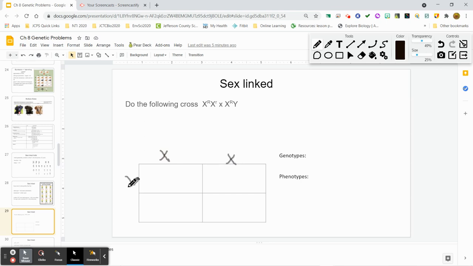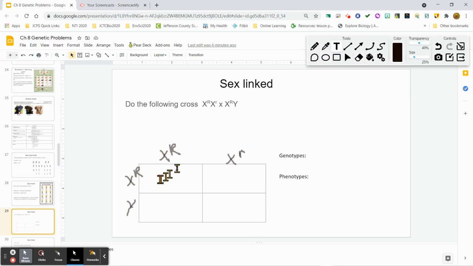And he is going to have an X and a Y. But the traits are carried on the X. So she's going to be heterozygous, and he only has 1 X, so that's going to carry that way. So then you're going to do that cross. This is going to be a female. I would just draw these.